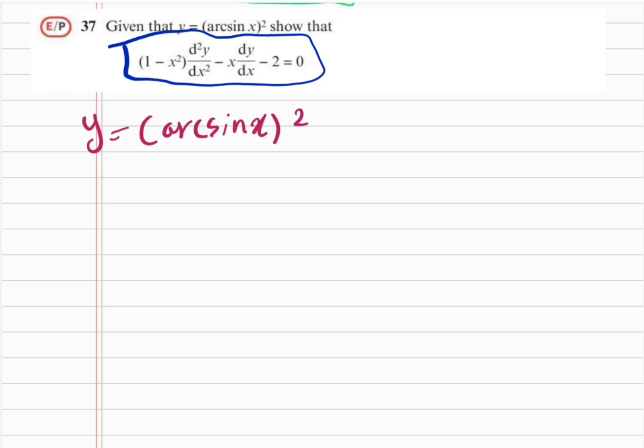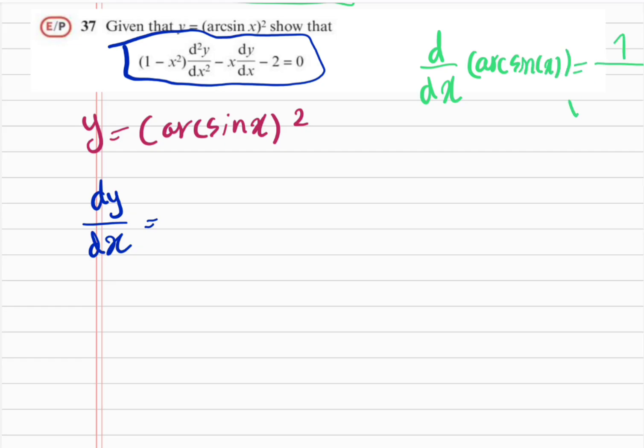So with that said, now we want to first find the first derivative of y. dy by dx is equal to, let me remind you that arc sine x is one of those standard results, so d by dx of arc sine x is equal to 1 over square root of 1 minus x squared.